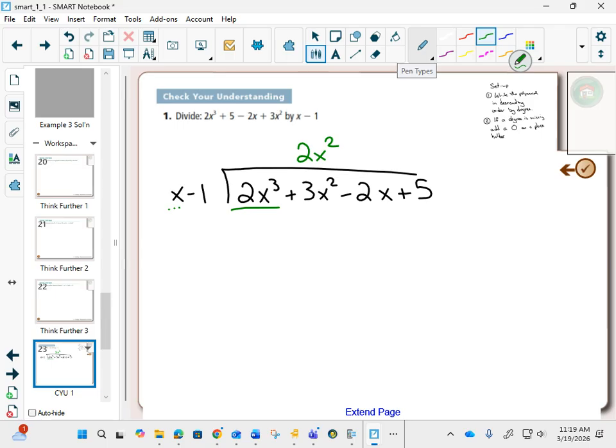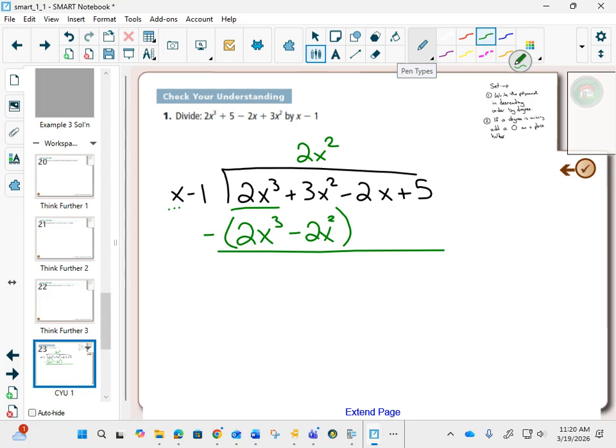And then I multiply 2x squared times x, 2x cubed, and subtract. Put that in brackets and subtract. If you're going to make a mistake in long division, it's usually an adding and subtracting mistake.